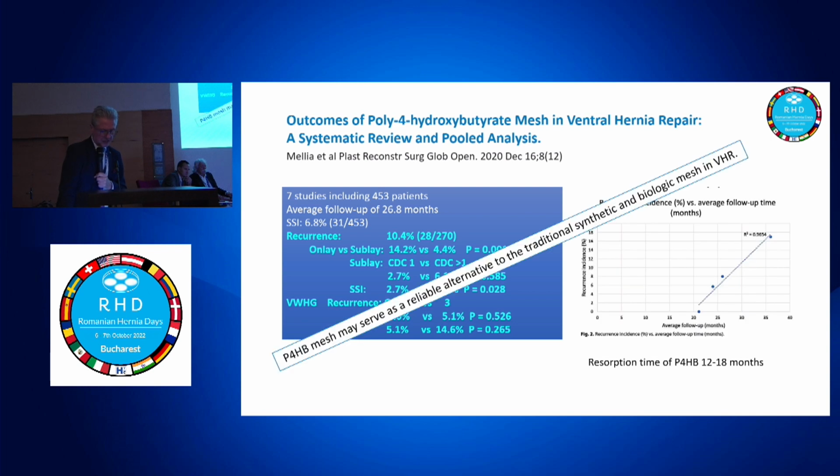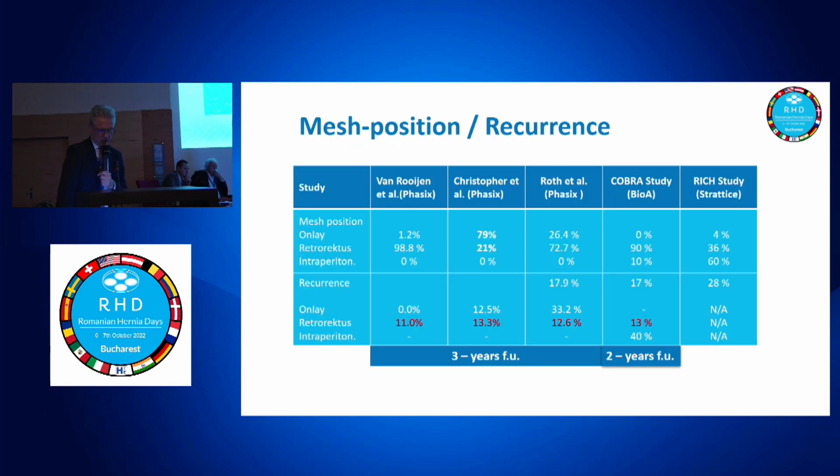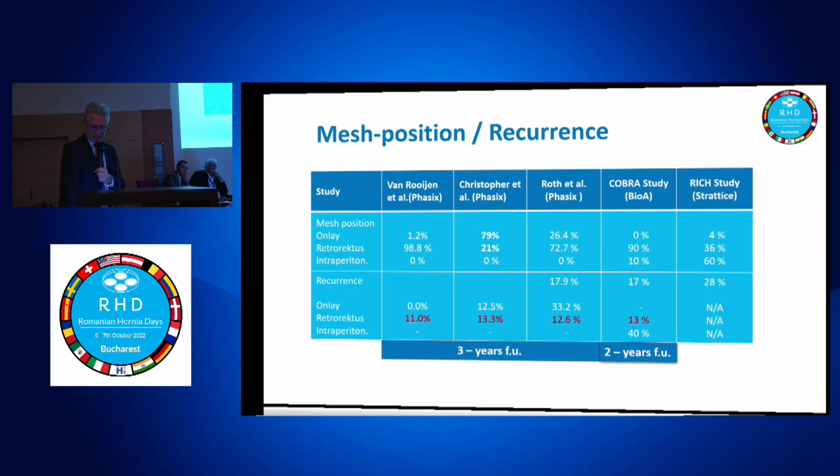Now coming to the end, the statement out of that could be that we have, of course, maybe the chance to look in the long term if this is an option. And the best position in this overview shows that the retrorectus position for this PHASIX, as well as for the BioA, is quite nice.